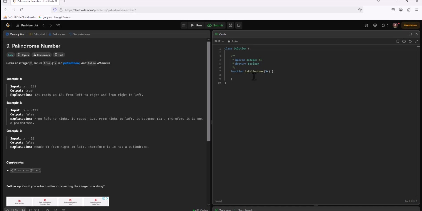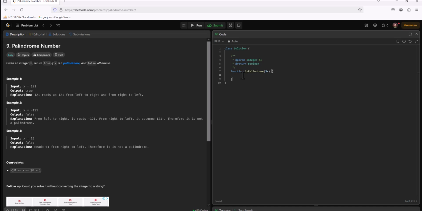our lovely programming language. Okay, let's see how we can solve this. The first way that comes to my mind is that we can use a string.